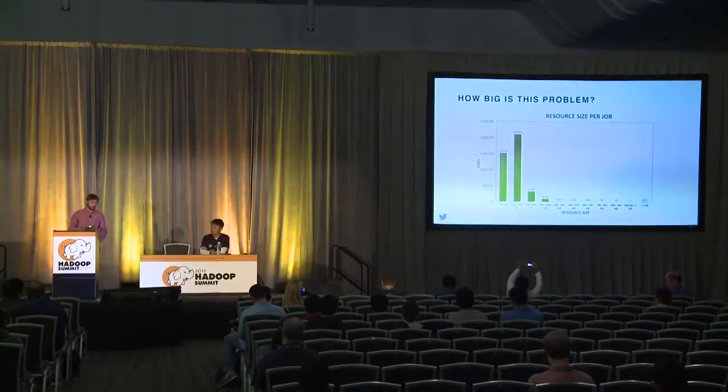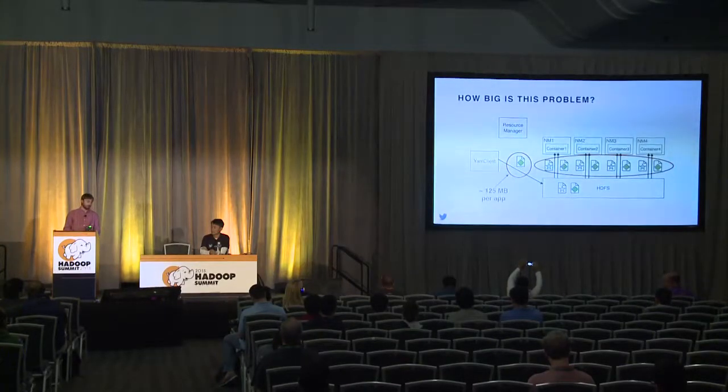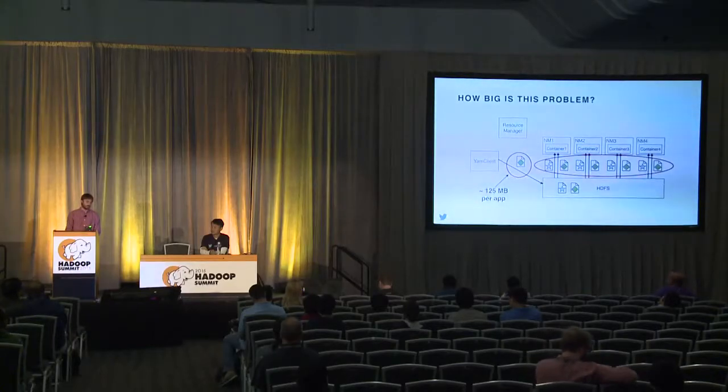So if we go back to our diagram and the problem space between the Yarn client and HDFS, that's basically 125 megabytes per app times over 2 million apps that are uploading to HDFS, potentially redundantly.